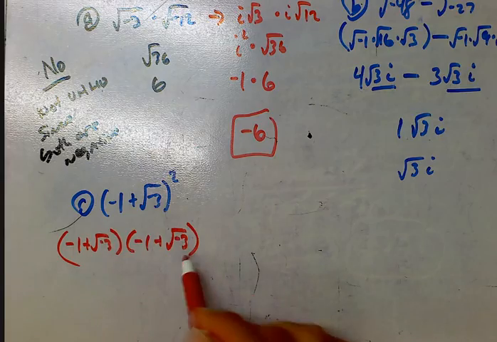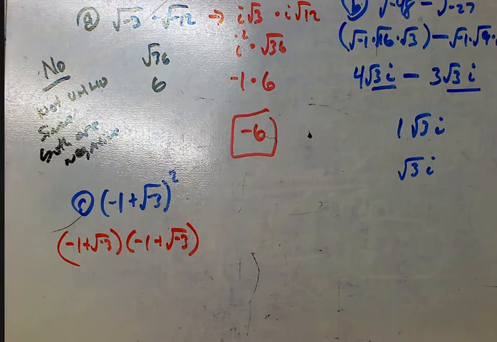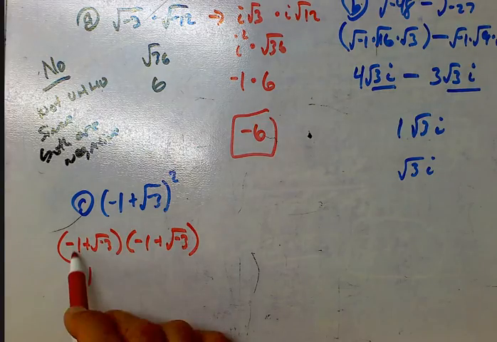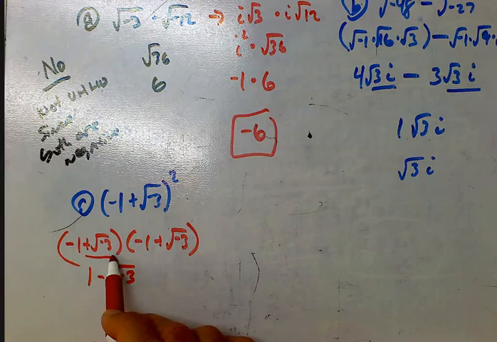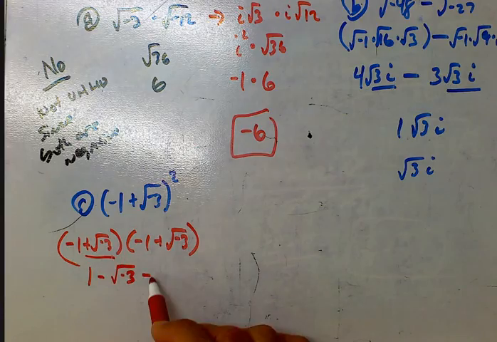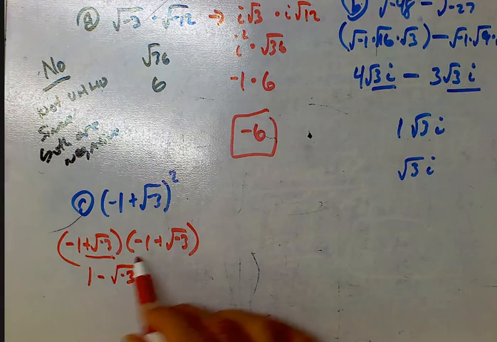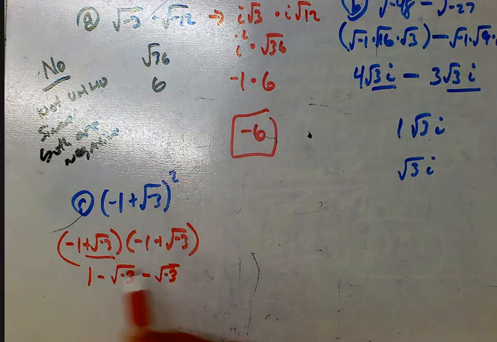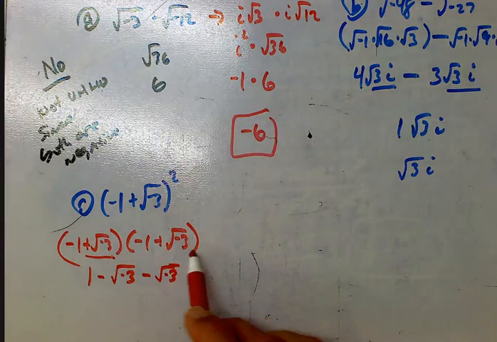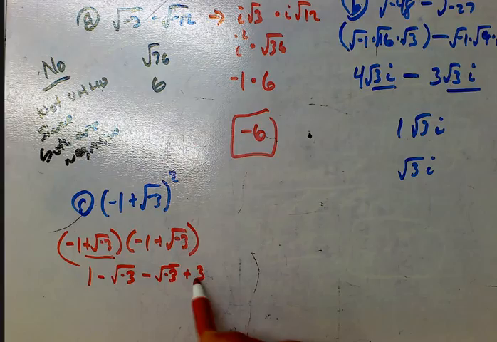Do distributive property or FOIL pattern, whatever you want to call it. -1 times -1, -1 times square root -3, so minus square root -3. Positive square root -3 times -1 is minus the square root of -3. And square root -3 times square root -3 is going to be plus 3 because square root 3 times square root 3 is 3. Like that.